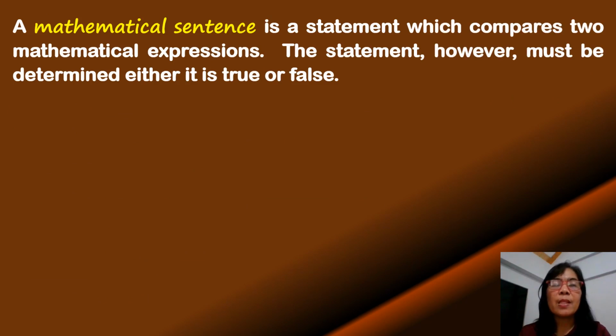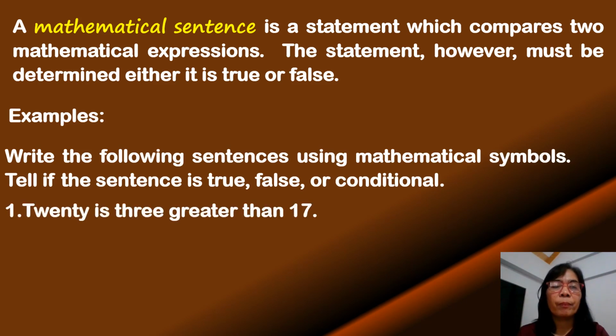A mathematical sentence is a statement which compares two mathematical expressions. The statement, however, must be determined as either true or false. Example: 20 is 3 greater than 17. In this statement, "is" is the verb of the sentence, and in mathematical symbols it is represented by the equal sign.